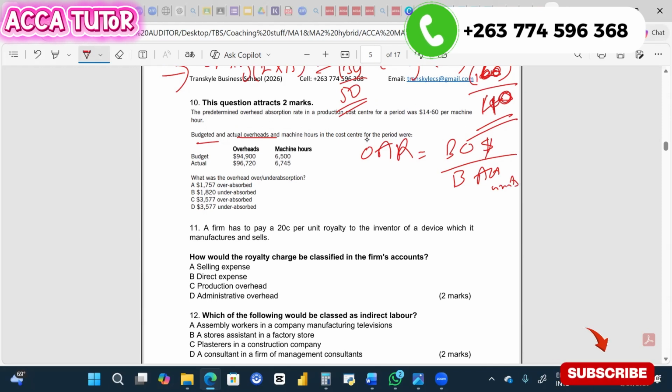All right. So in this case, the overhead absorption rate was the budget $94,900 divided by the activity, machine hours, 6,500, and what do we get? What we get is our overhead absorption rate.